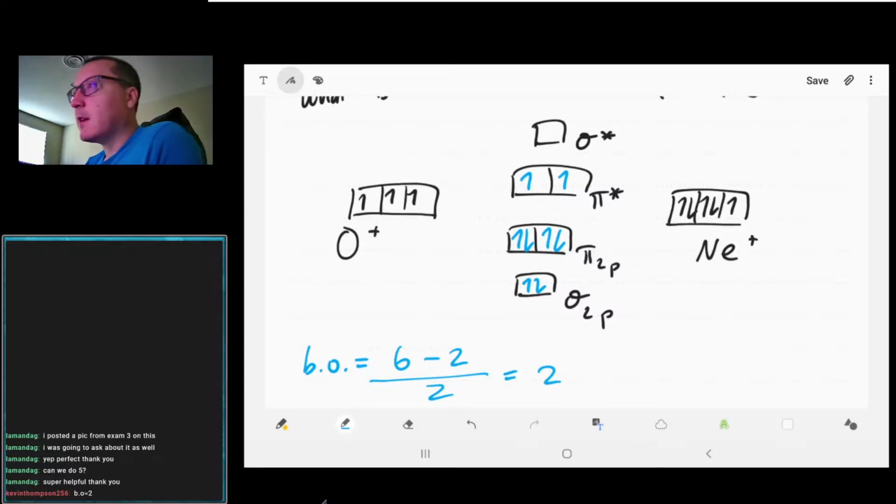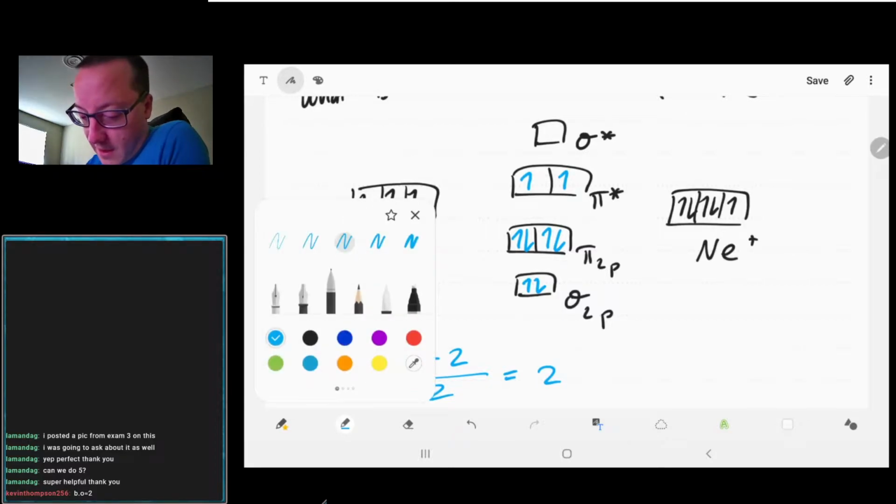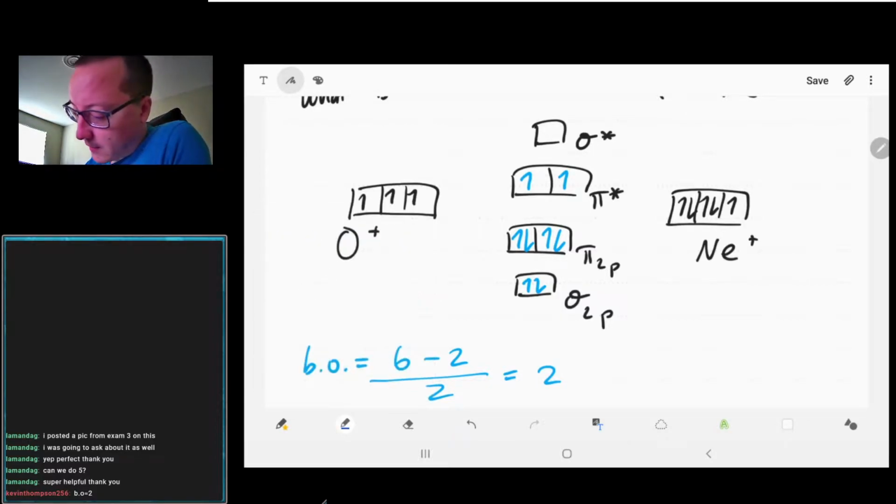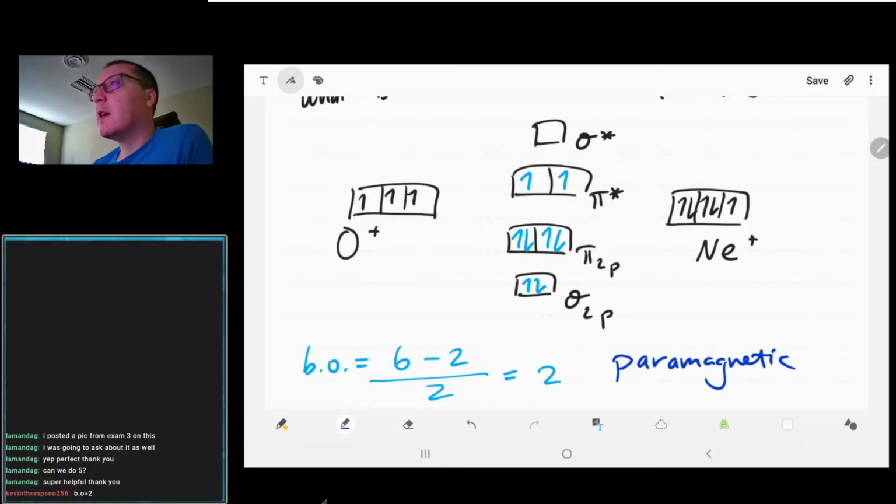If we were asked, we would be able to classify this one as paramagnetic, right? We'll be able to say that as well, because we have some unpaired electrons in our anti-bonding orbital there, the pi star 2p.